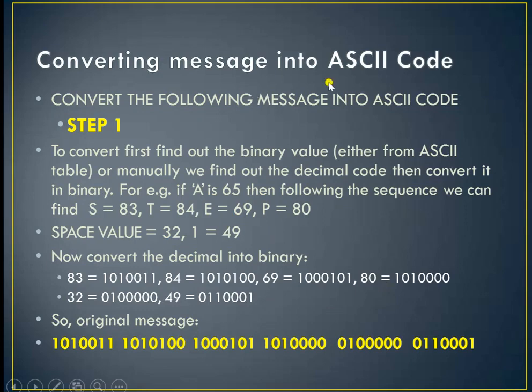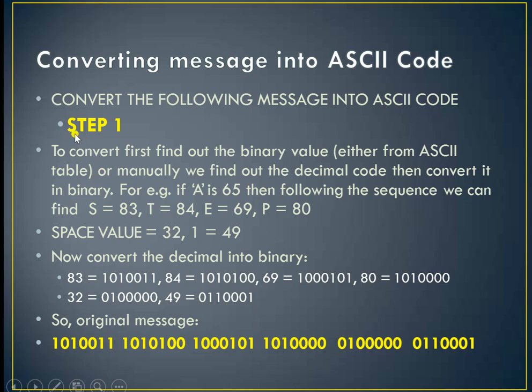Now next is converting a message into ASCII code. So you have some characters, a space and then a numeric digit. Then you have to convert them into ASCII. To convert, first we find out the decimal value.